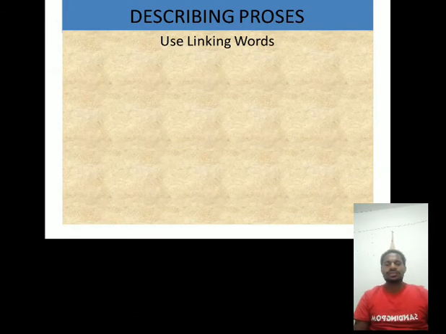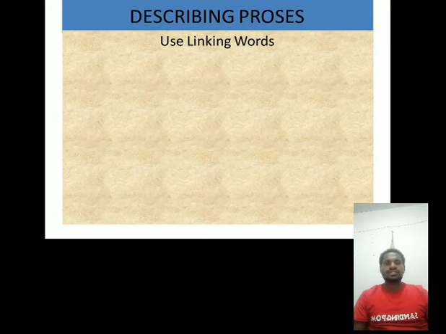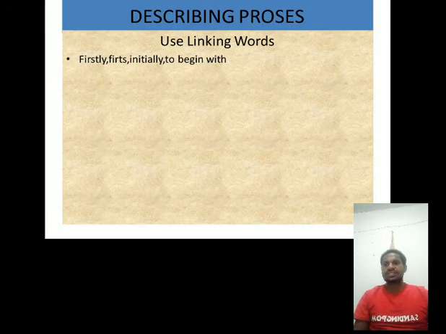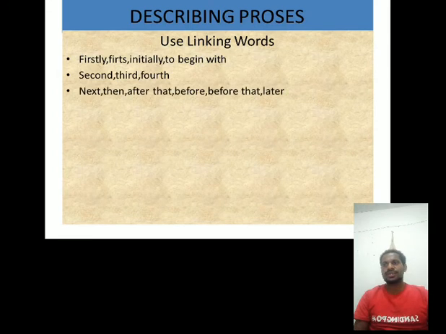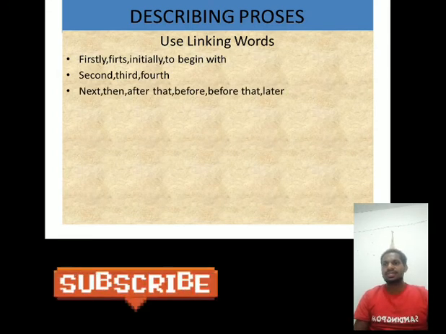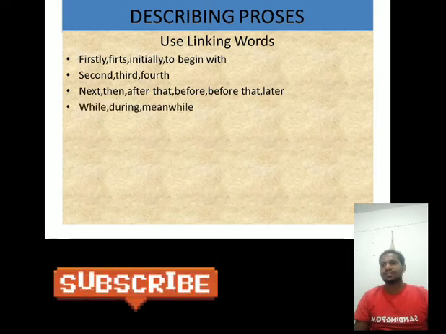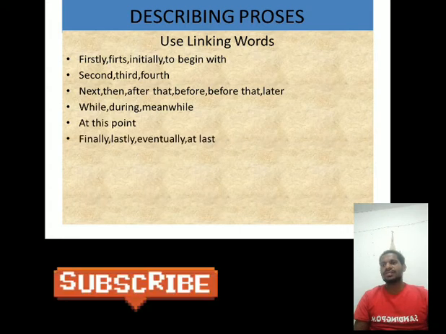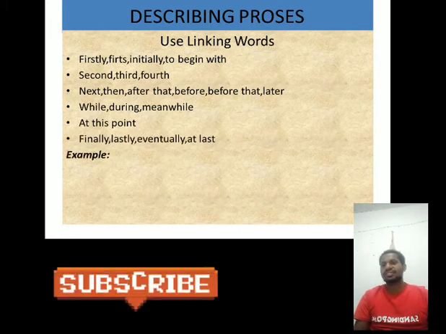In these linking words we can use: firstly, initially, to begin with, second, third, fourth, next, then, after that, before that, later, while, during, meanwhile, at this point, finally, lastly, eventually, at last.